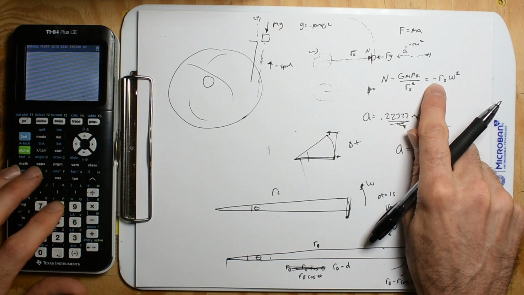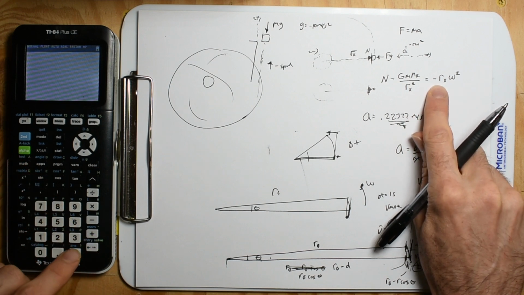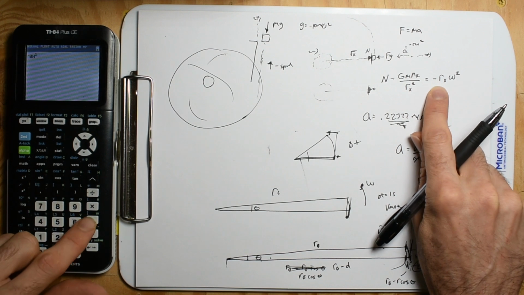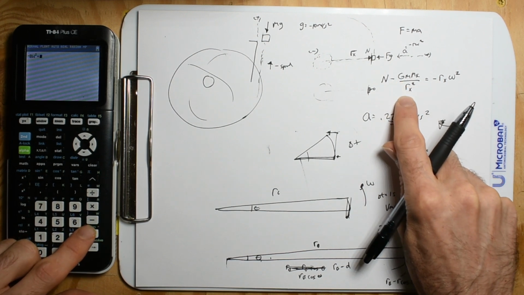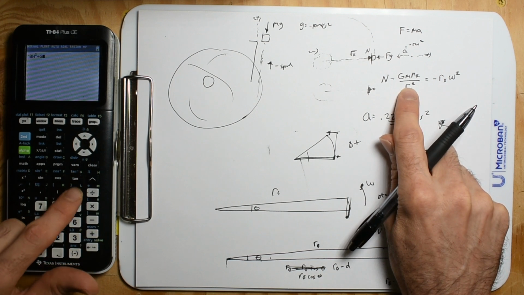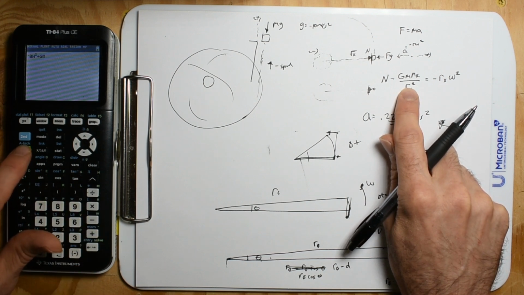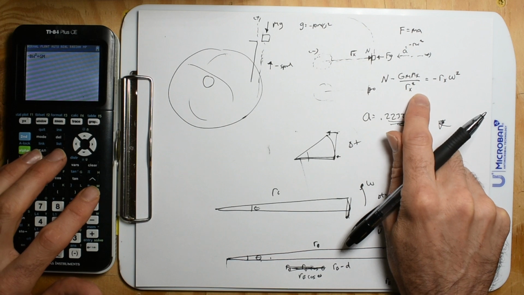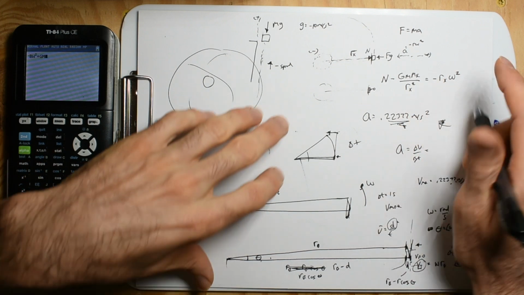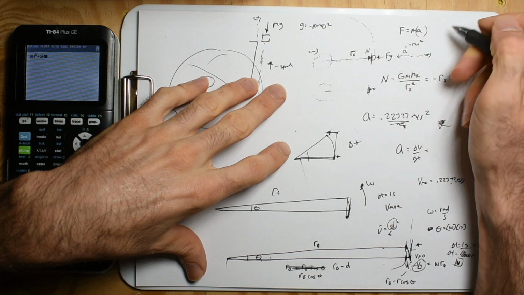Because on this side, we're going to have negative radius times big omega squared. And when we take this over here, we're going to add it to G times the mass. Oh, we're totally forgetting things.